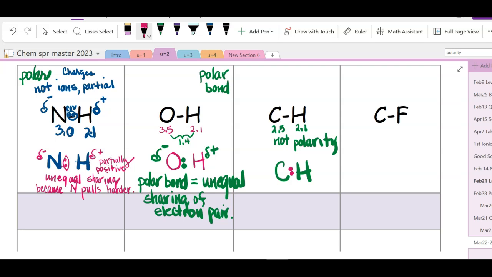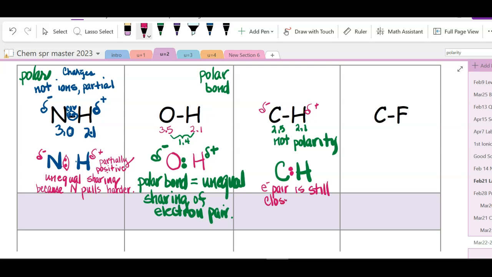All right, so this is partially negative and this is partially positive, but the electron pair is still close to both of them, right?